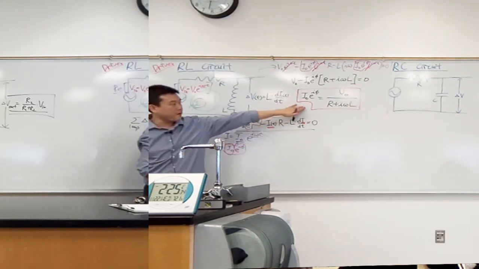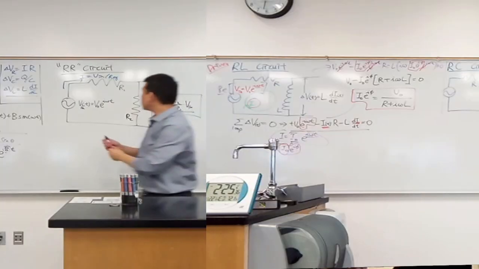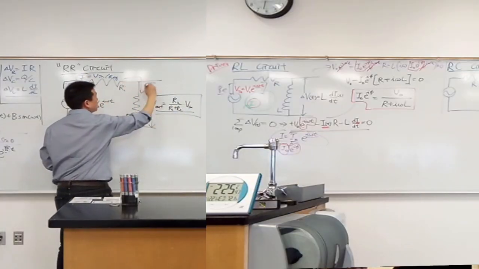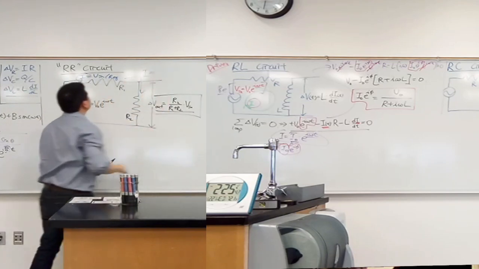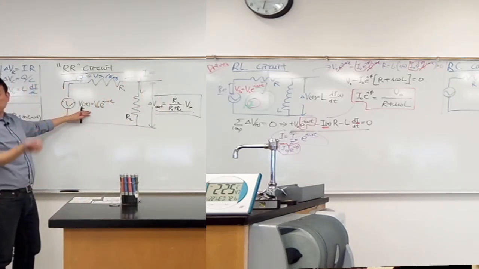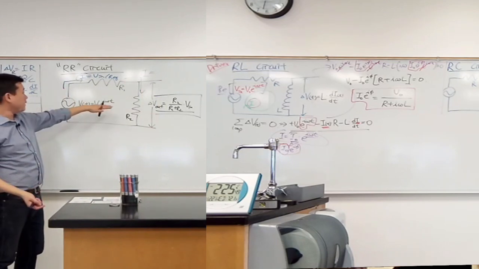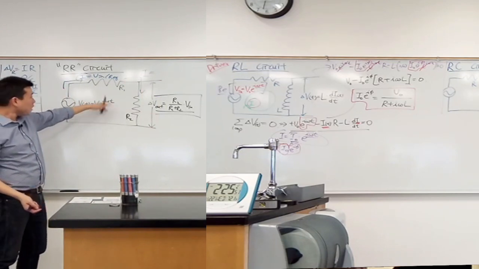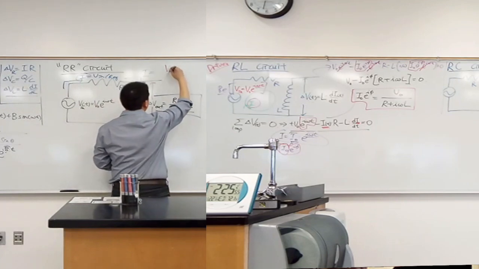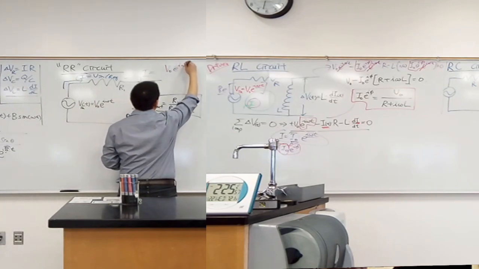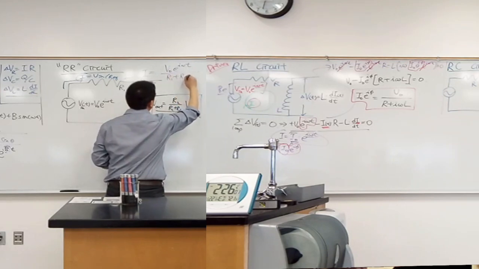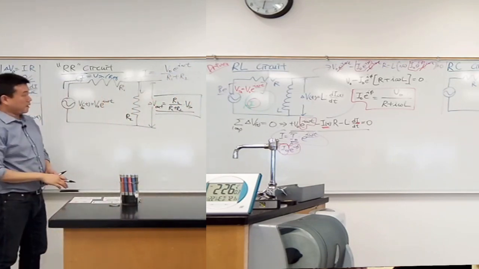So I'm going to compare this to the expression for the current here. The expression for the current that's going through this circuit will be the V in as a function of time divided by R1 plus R2. So it will be V naught e to the I omega t over R1 plus R2.